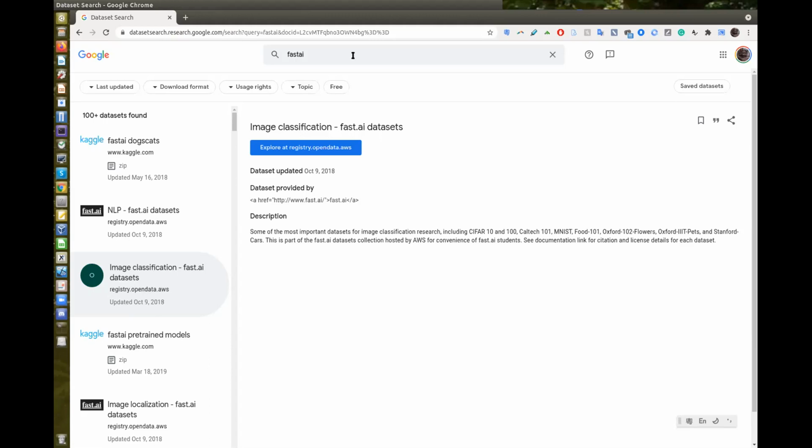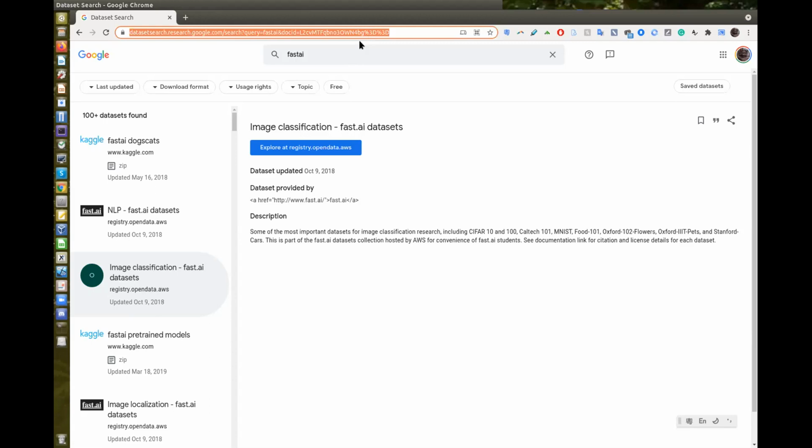And fast AI is like, I shouldn't say a plugin, but a layer on top of that, trying to make it simpler, more high level. They have some functionality that lets you pull out some of these data sets directly using the API.